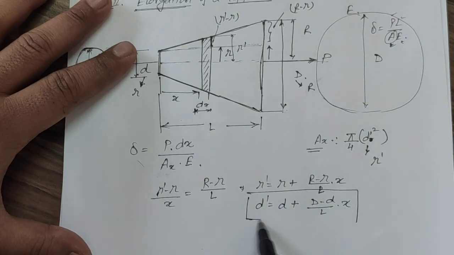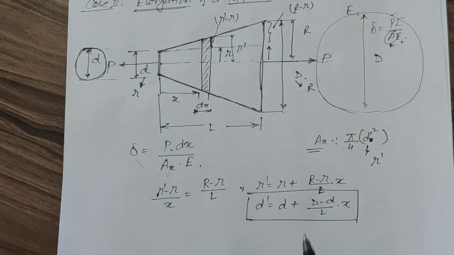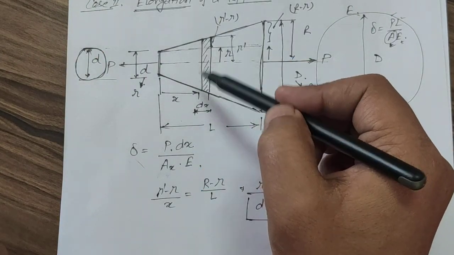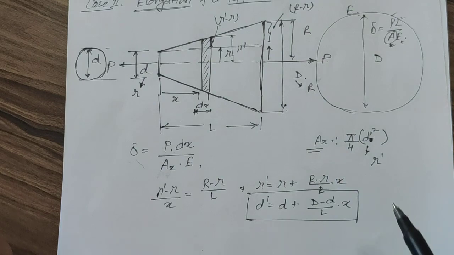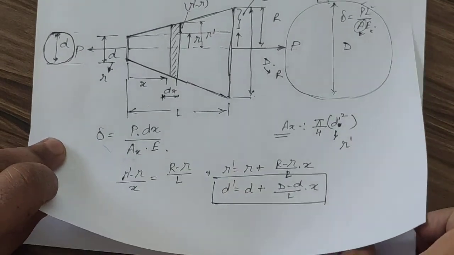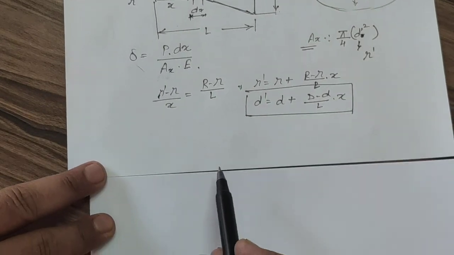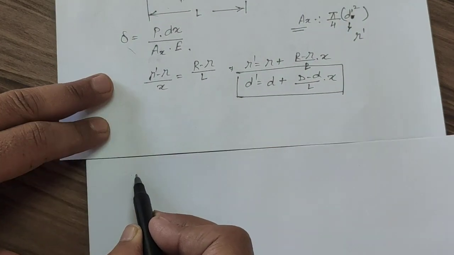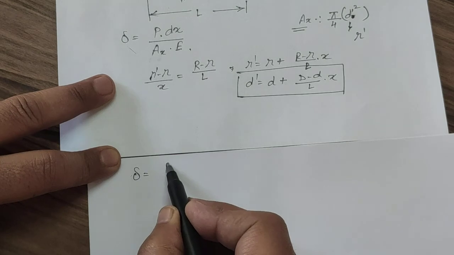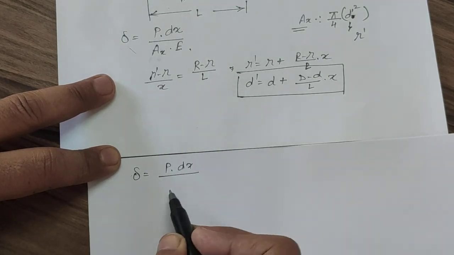So this is the diameter of the strip which we have taken. From here we can write that del will be equal to P into dx divided by area.